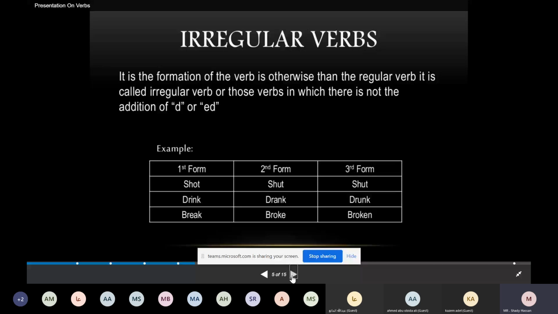The verb shut: shut, shut, shut. Excuse me, there is a misspelled word on the slide. Shot is the past tense of the verb shoot, so this is not correct. It's shut, shut, not shot.